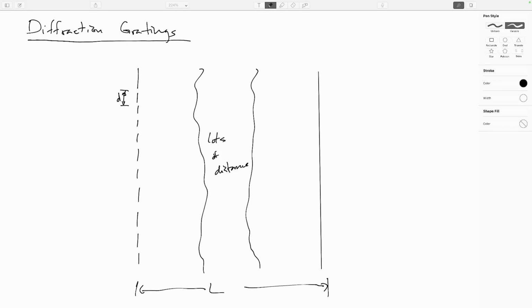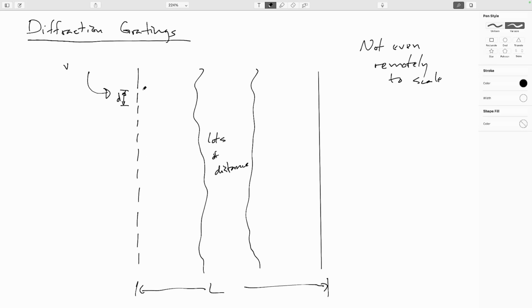So we'll finish up our treatment of wave optics by taking a look at diffraction gratings. Now this is another one of those drawings where all I can say is not even remotely to scale. A diffraction grating is a series of very finely spaced slits.